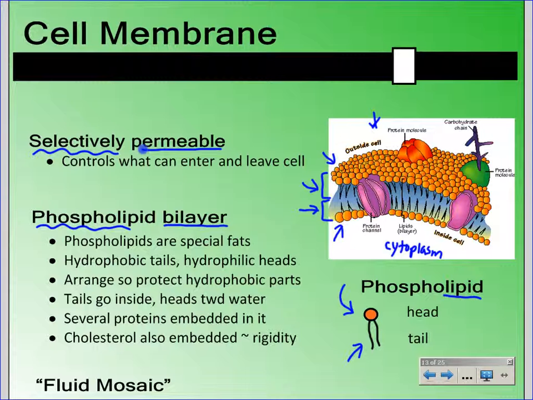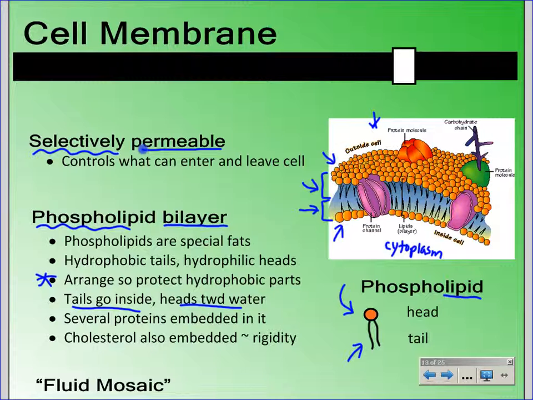So the tails go on the inside, and the heads are on the outside towards the water. This is really important so that you can explain why it forms the phospholipid bilayer, because of the components of the phospholipid and whether they like to be near water or not.